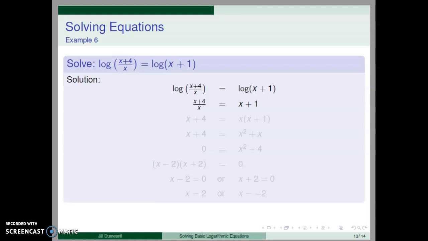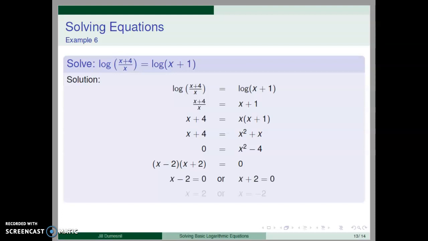This is a rational equation which we already know how to solve. We can multiply both sides by x to eliminate the fraction, and then distribute the x on the right-hand side to simplify the expression. We then have another quadratic equation. Subtracting x and 4 from both sides gives us a quadratic equation in standard form that fortunately factors. Replacing x squared minus 4 with x minus 2 times x plus 2 gives us a product equaling 0.